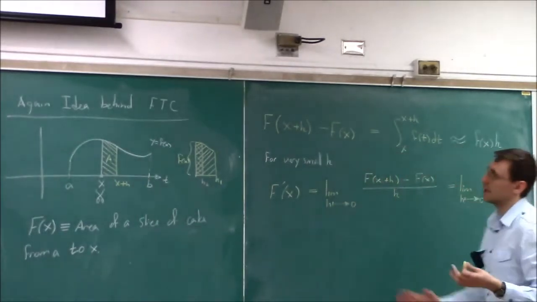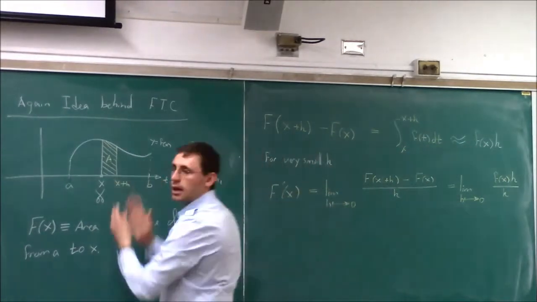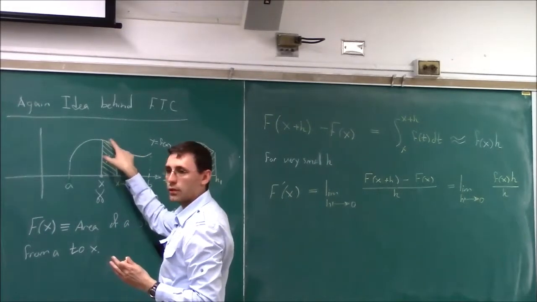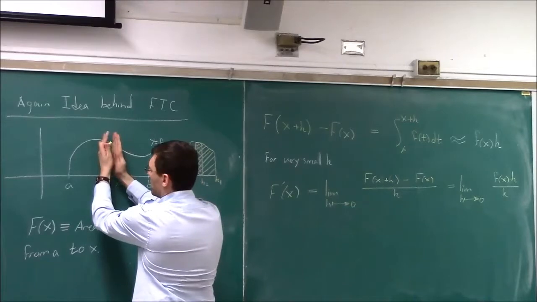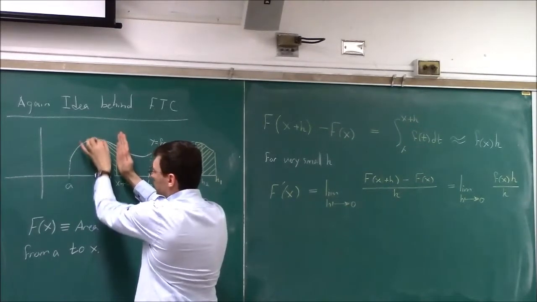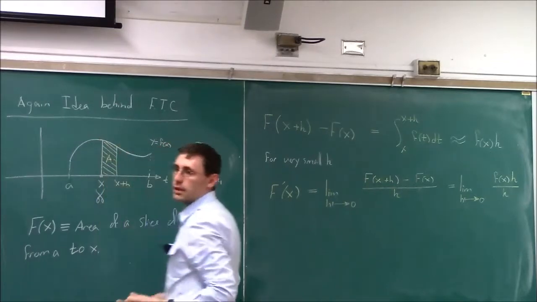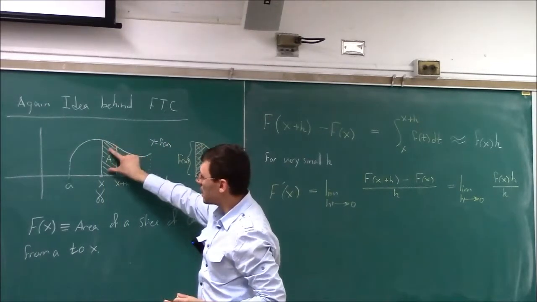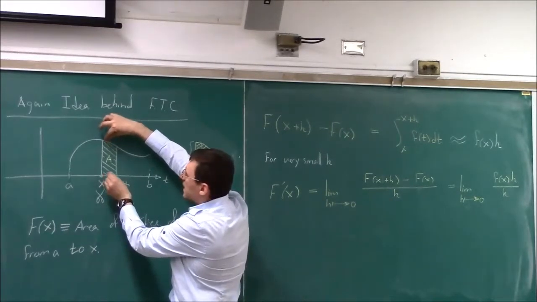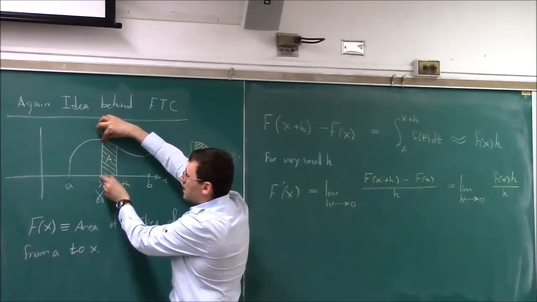Okay, so the clever observation is to see that the derivative of the area is the curve. Why? Because this curve, if it's continuous, is going to represent the height of the rectangle if the rectangle is very narrow. If I make this area very, very small, it's like the curve times h.